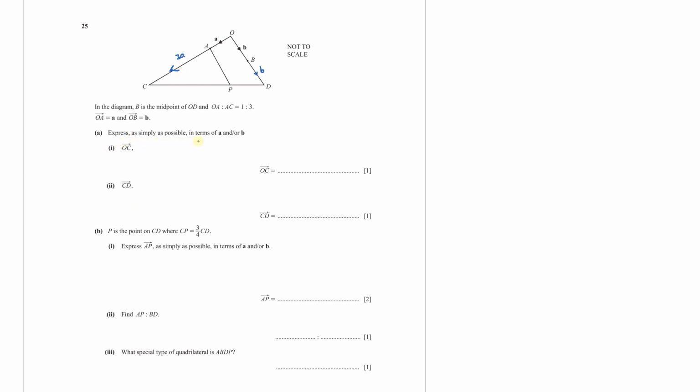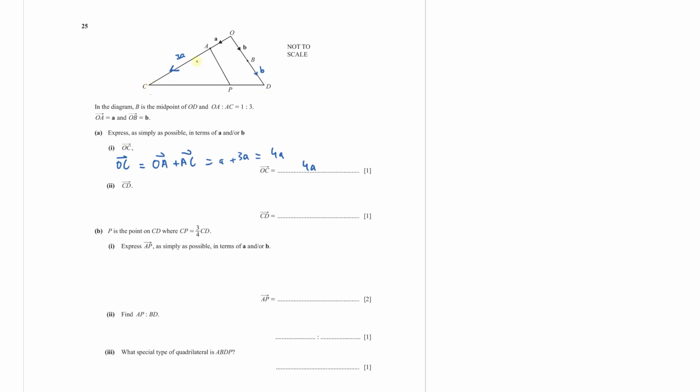Express as simply as possible in terms of A and or B, OC. So OC can be written as OA plus AC, and OA is A and AC is 3A. So this will be 4A. The next part is CD. CD is this vector here. So I can use the head to tail rule.